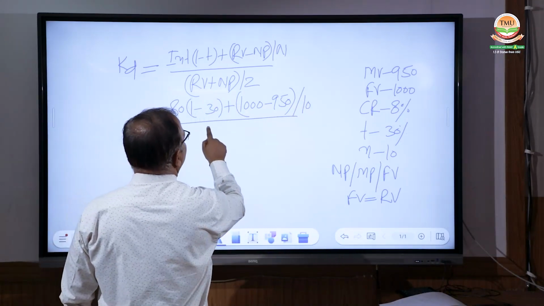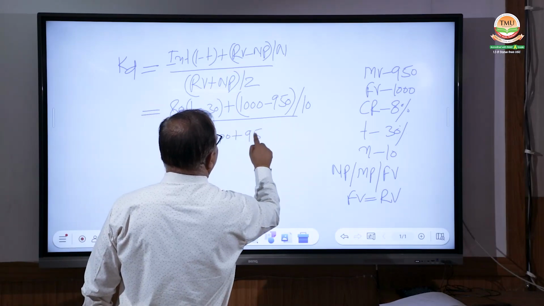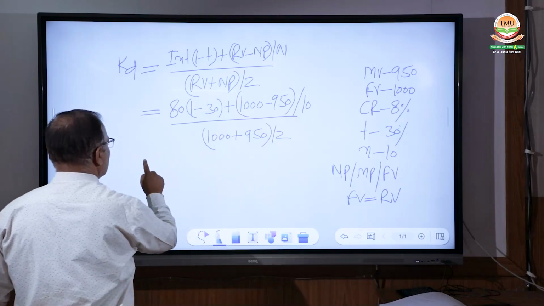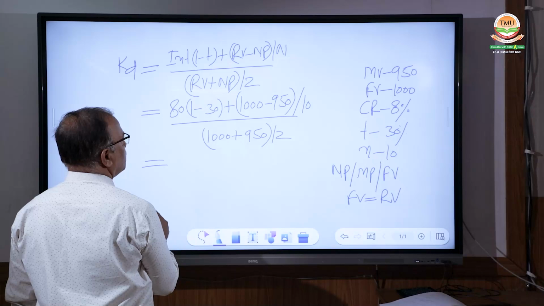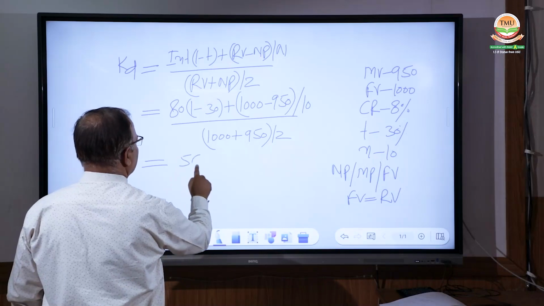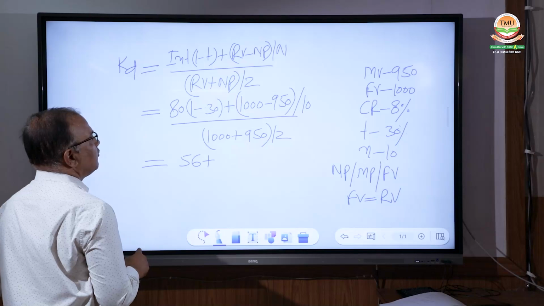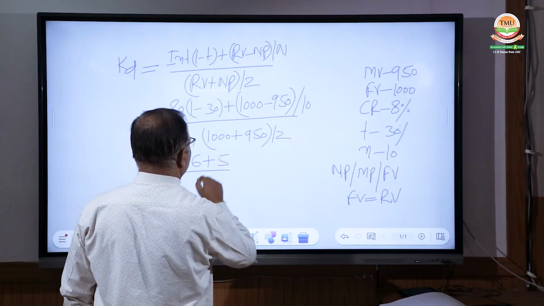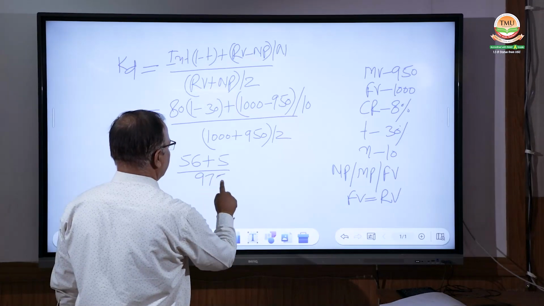Redemption value 1000 plus 950, by 2, is equal to 80 into 0.7, which is 56, plus 50 by 10, which is 5, divided by 975.